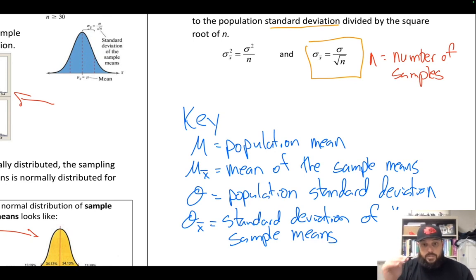Okay, so kind of follow each other. Mean of the sample means, standard deviation of the sample means.